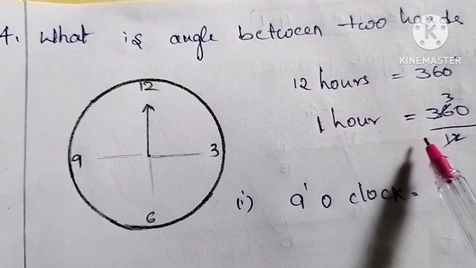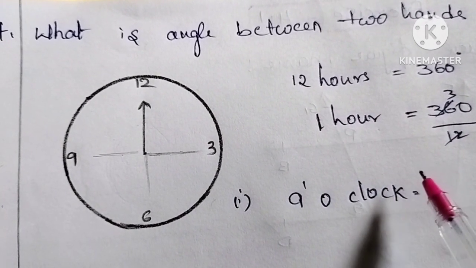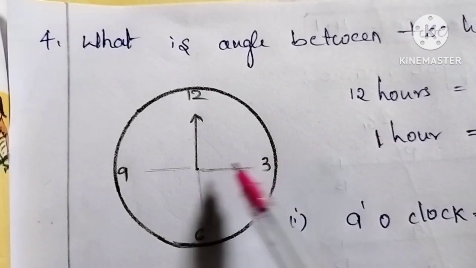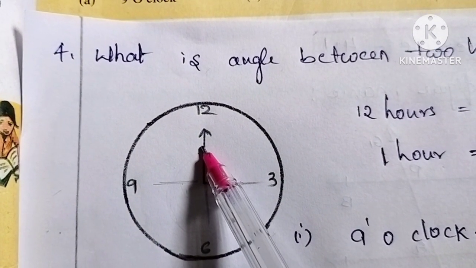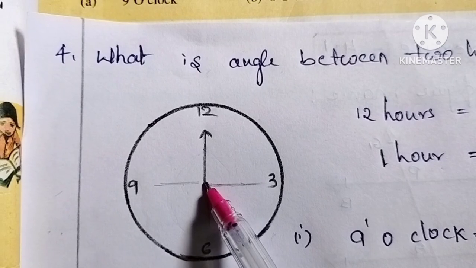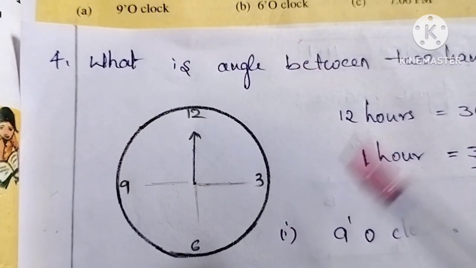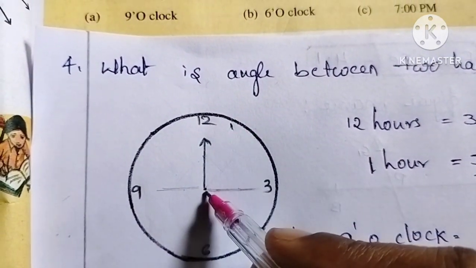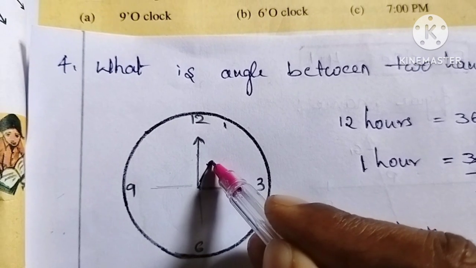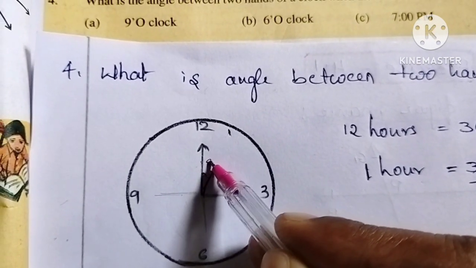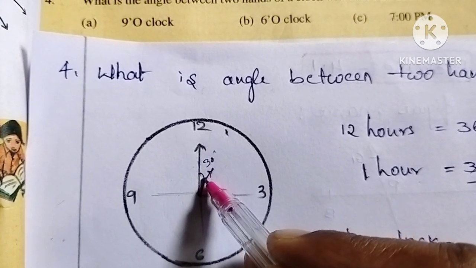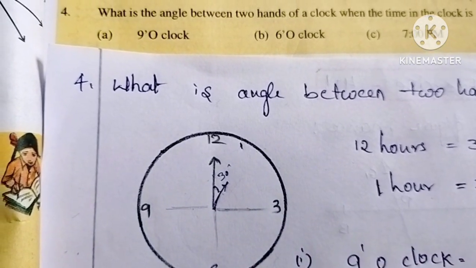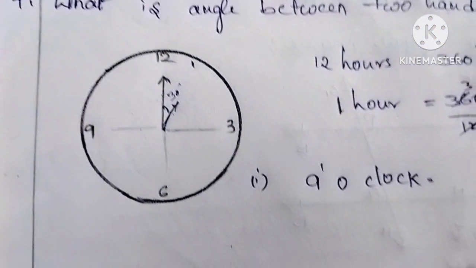For 1 hour it is making 360 by 12, so 30 degrees. When the minute hand is at 12 and the hour hand is at 1, the angle between them is 30 degrees.